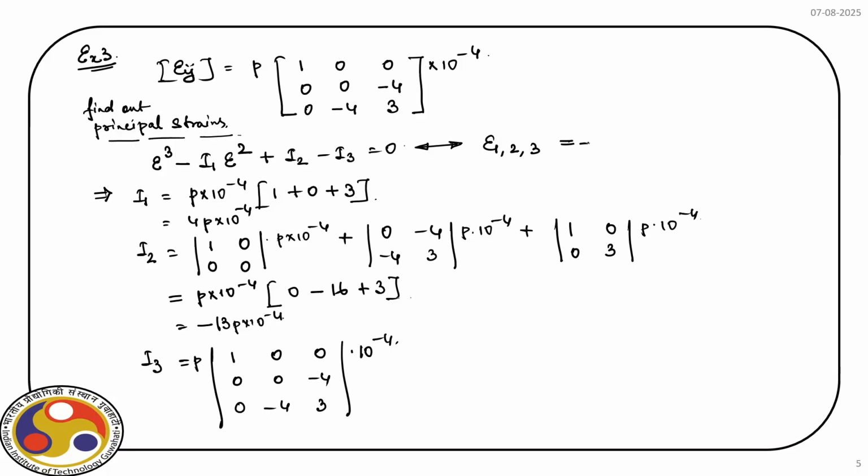Let me give you those values of principal strain. So, these are minus 2.77, then 1 and then 5.77. So, these are the principal strains, obviously multiplied by P into 10 to the power minus 4.